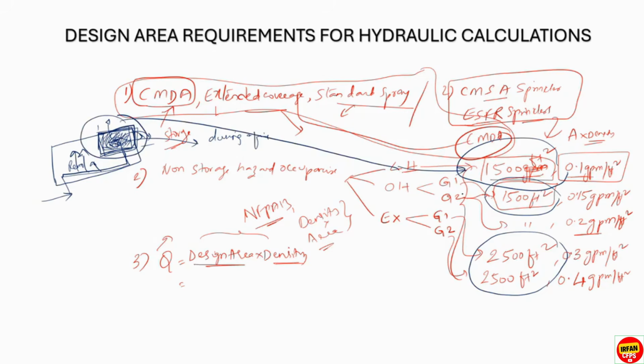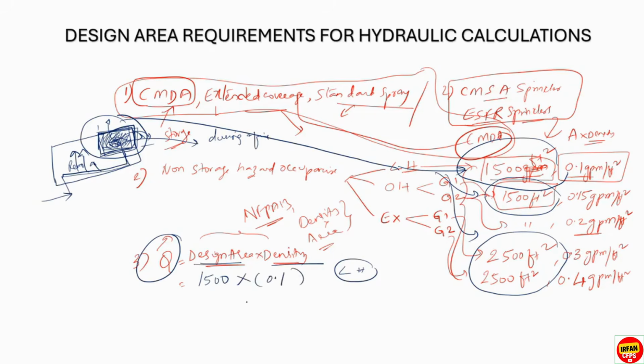So 1500 square feet for light hazard, 1500 square feet for ordinary hazard, and 2500 square feet to be considered for the extra hazard. Now to calculate the flow, we know design area multiplied by density. So what is the design area? For example, you have light hazard occupancy. The design area will be 1500 square feet multiplied by the density.